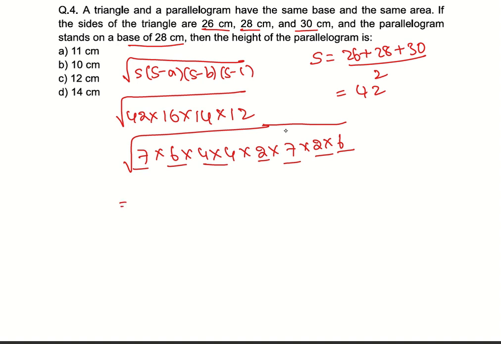So we can write 7 into 6 into 4 into 2. So we can multiply it and get the area, but the parallelogram area and the triangle area are the same.